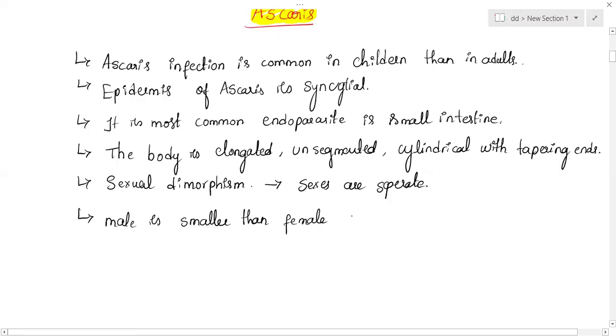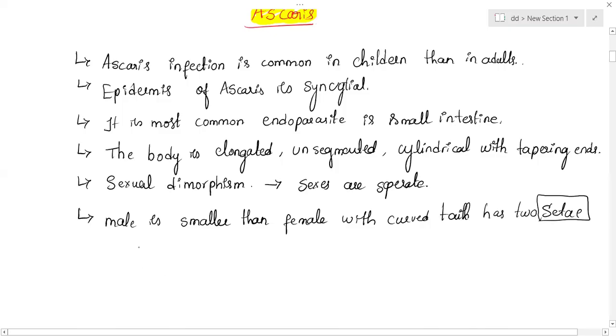The male has a curved tail with two penial setae. Setae are called copulatory organs.